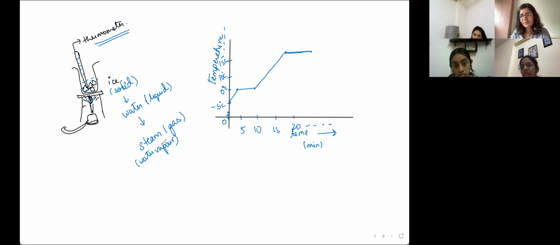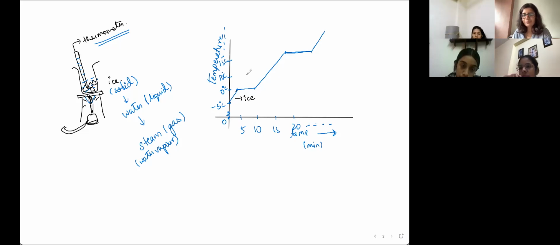So why is it that you've made that line and then there is a horizontal line? Yes. Why is there a horizontal line? It will keep increasing only na, because like as the Bunsen burner is burning. But reality में वो नहीं हुआ. So this is ice, like यहाँ पे अभी भी ice है.